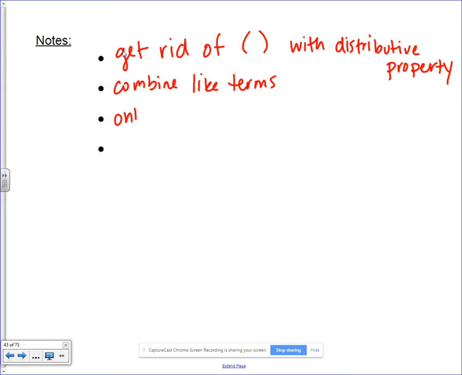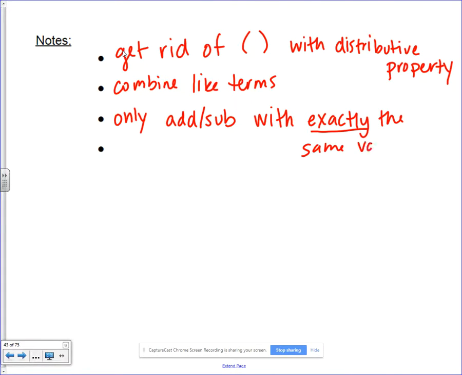You can only add or subtract with exactly the same variable. Has to be exactly the same. Not close to the same. It has to be exactly the same. Okay. Then you will drop down unused terms.